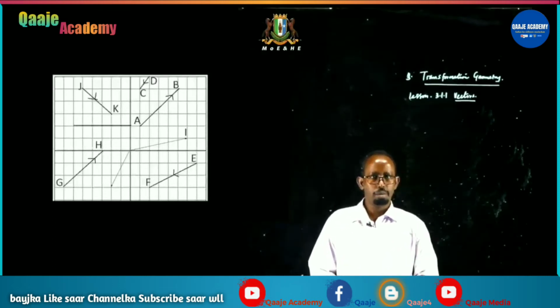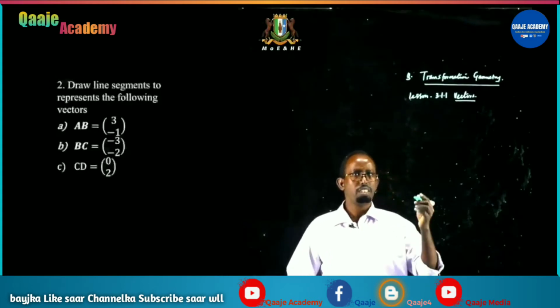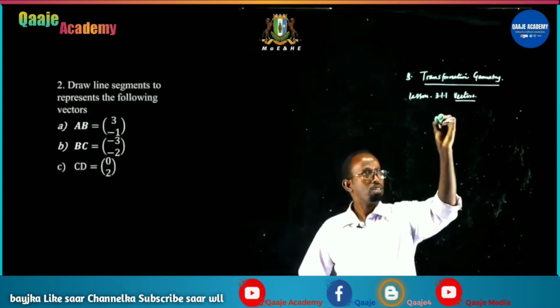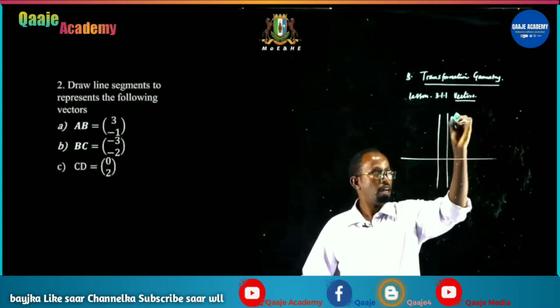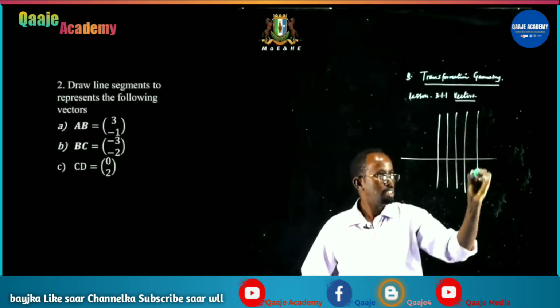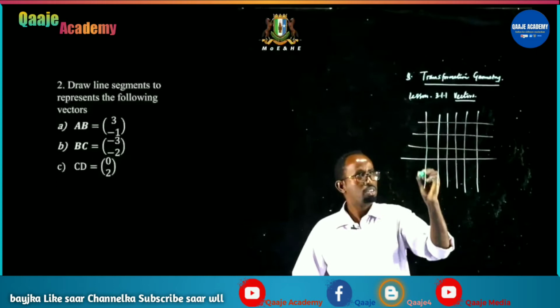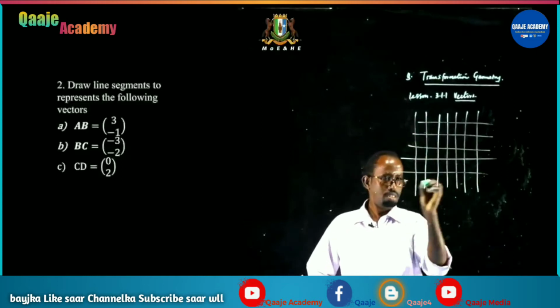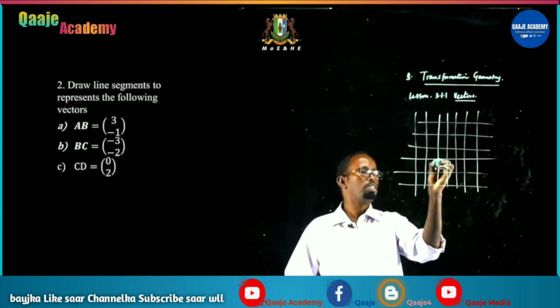Draw the line segments to represent the following vectors: AB (3, -1). To draw (3, -1), you just pick a point somewhere here.